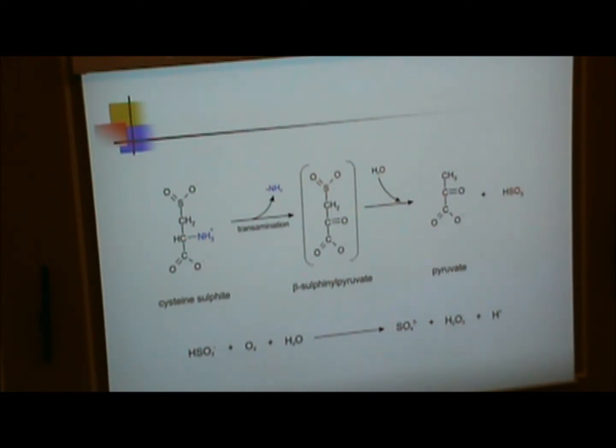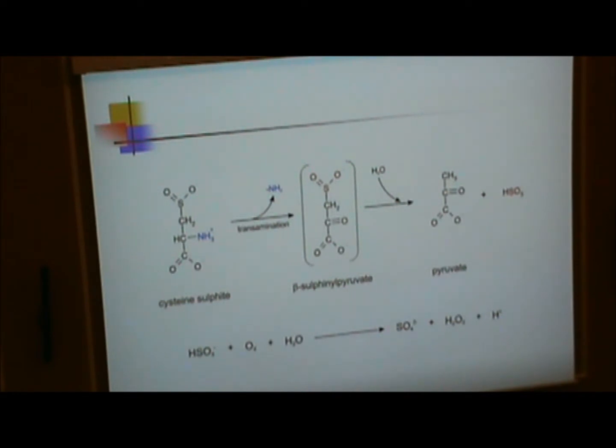CO group appears. The cysteine sulfite is converted into beta sulfinyl pyruvate. Beta sulfinyl pyruvate is a very unstable substance, which is degraded by a water molecule.